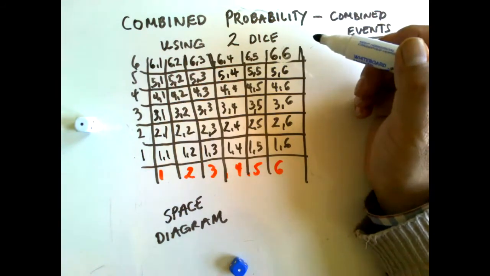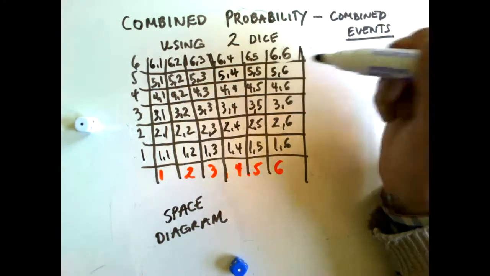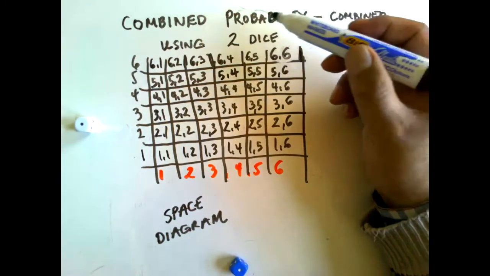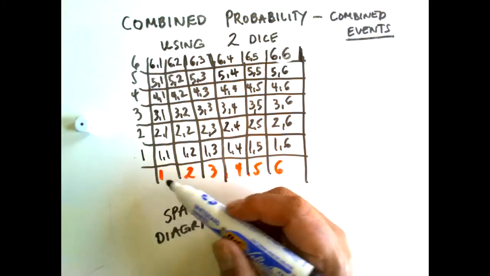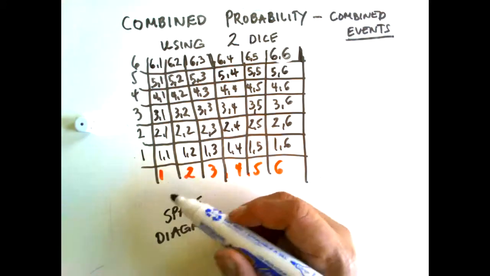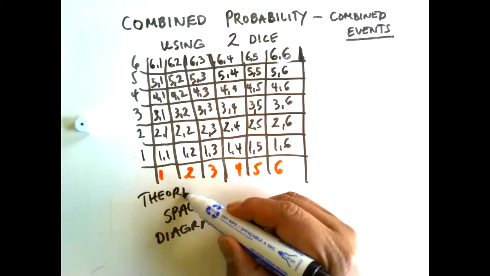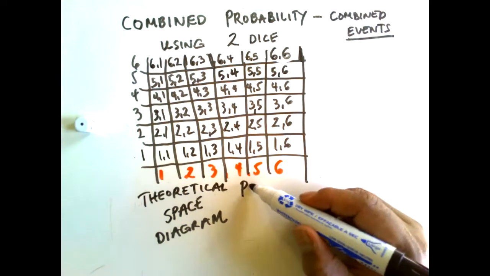If you haven't finished it, you could pause this video and try to finish it and wait for me, or we could just continue. So these are all what we call the theoretical probability. You could call this a theoretical probability space diagram.